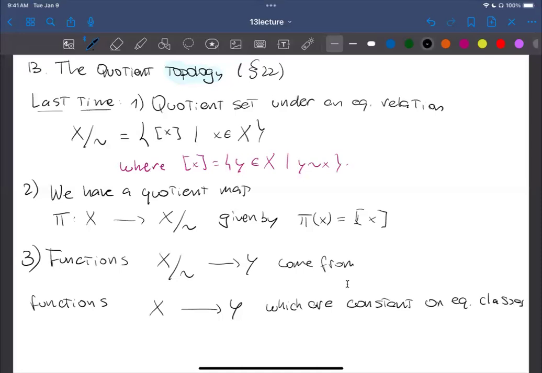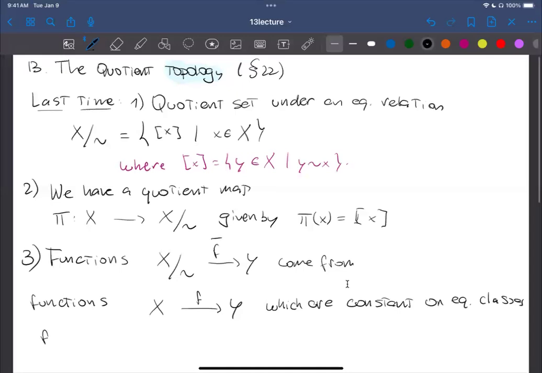And the idea here is if you have a function f and you want to define this f bar, then f bar on the class of the point x, on a generic element of the quotient, is just going to be f at x, which is also f at any other element in the equivalence class of x, because we're assuming f is constant on classes.